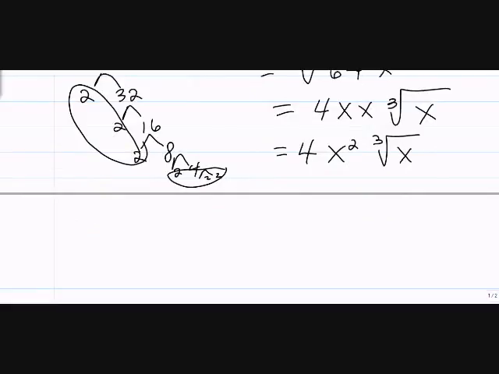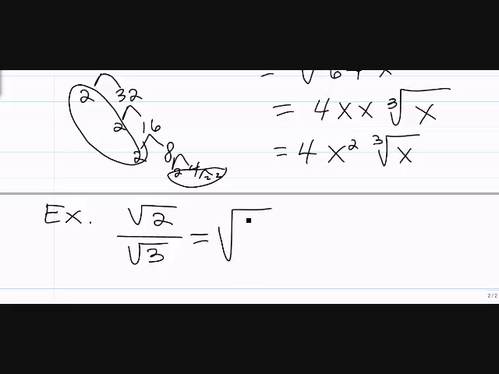Now we have to do what's called rationalizing the denominator. You did this in Algebra 1. Well, if I got the square root of 2 over the square root of 3, first thing I would do is put it all under one square root. The square root of 2/3 is not going to simplify.